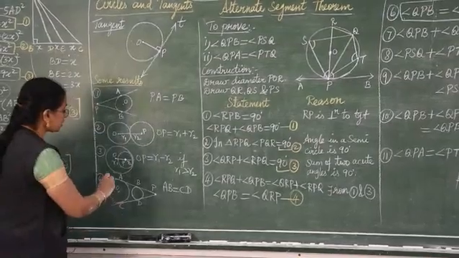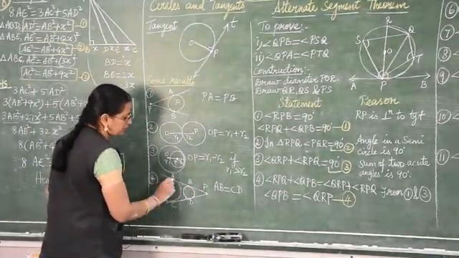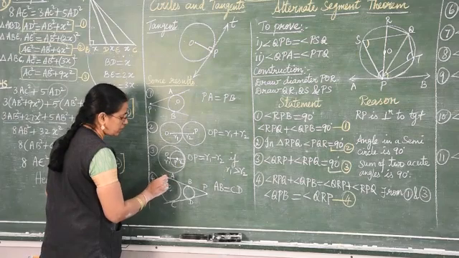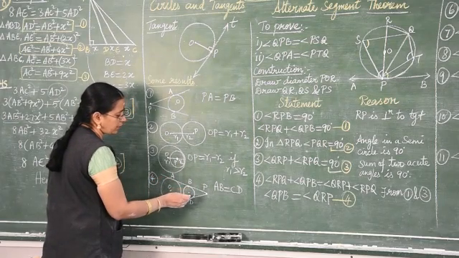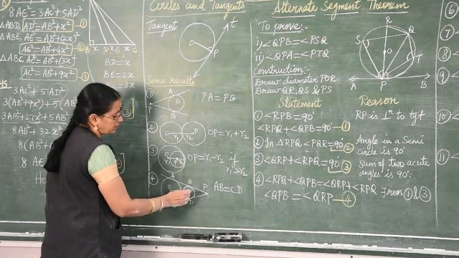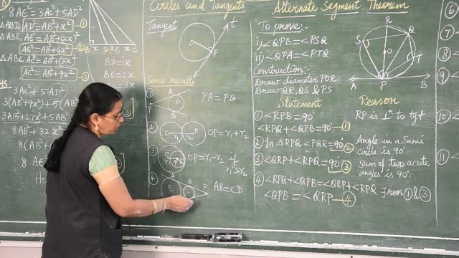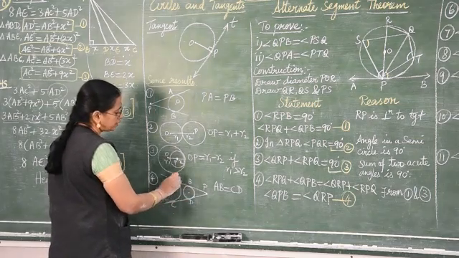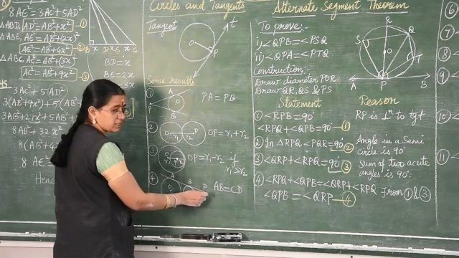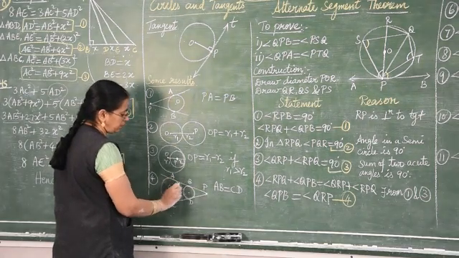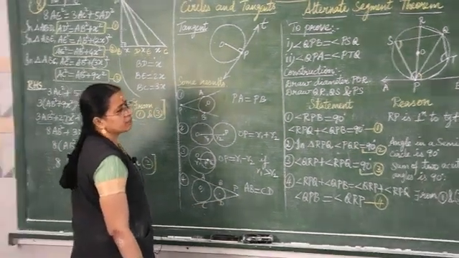So this tangent PA is common to the bigger circle and also the smaller circle. Likewise, this tangent is also common to both circles. Then their tangent lengths will be equal. This is an exterior point P, so AB equal to CD. The length of the two tangents will be equal.